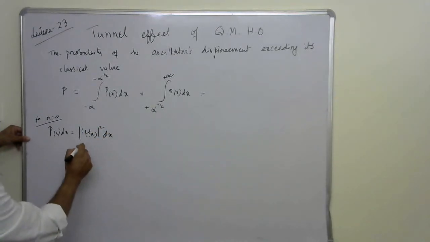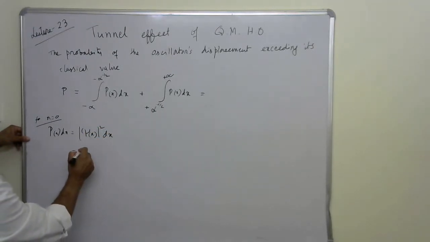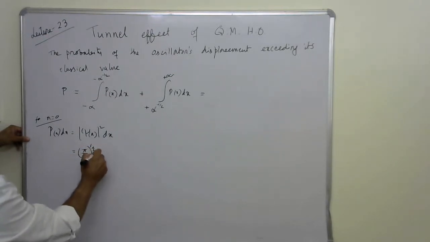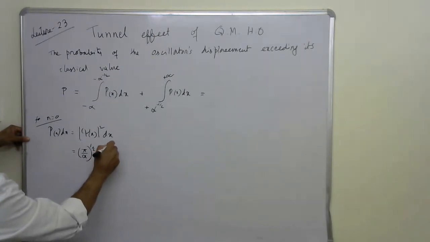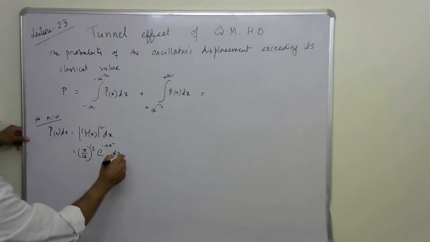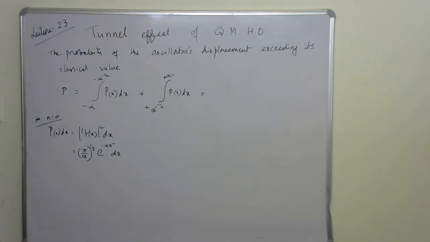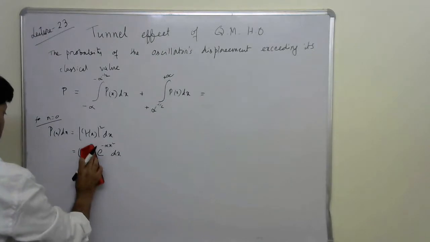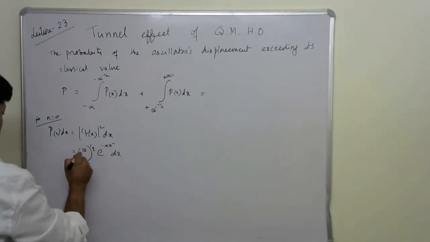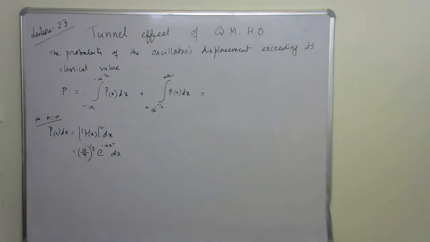So this becomes the square root of alpha by pi, into e to the power minus alpha x squared dx. I made a mistake, sorry, this would be alpha divided by pi.